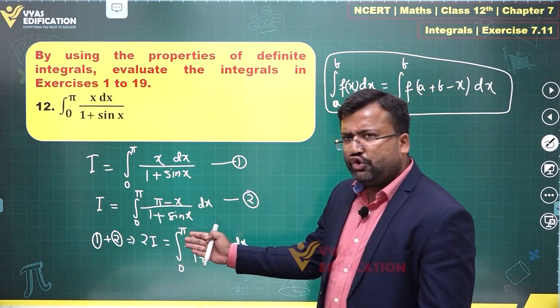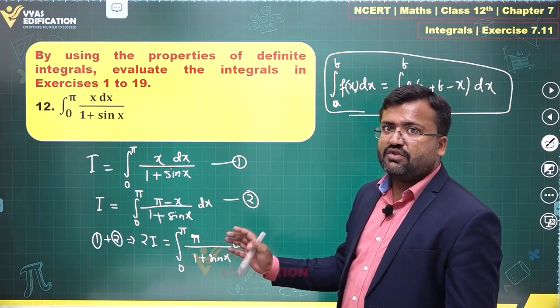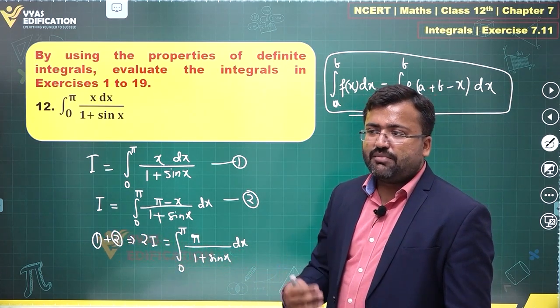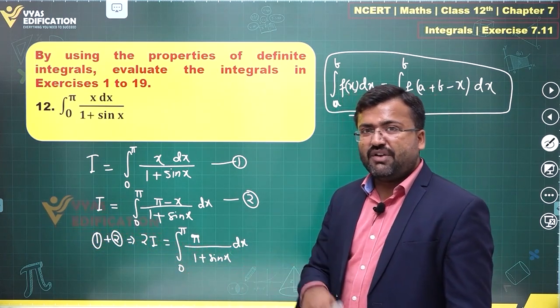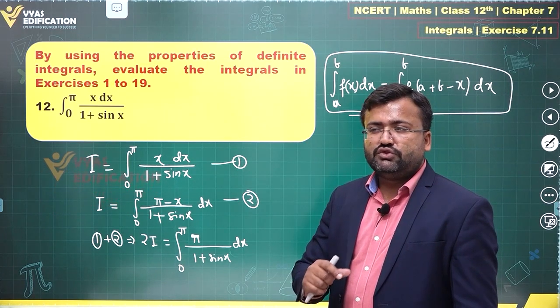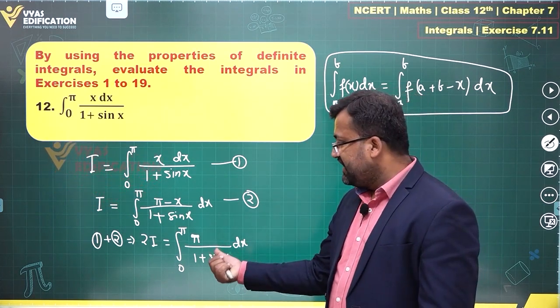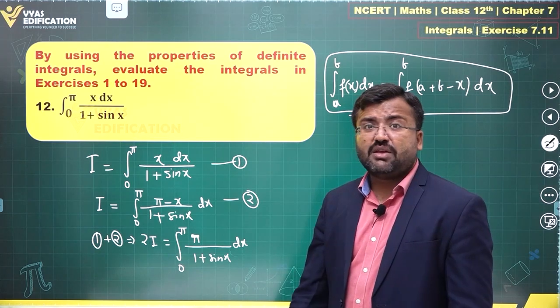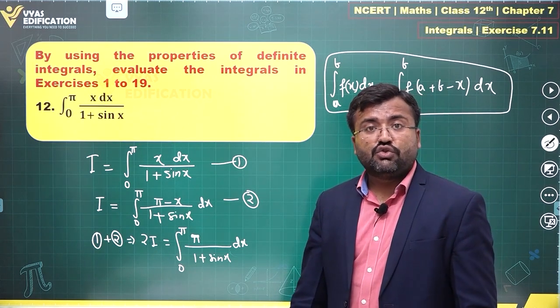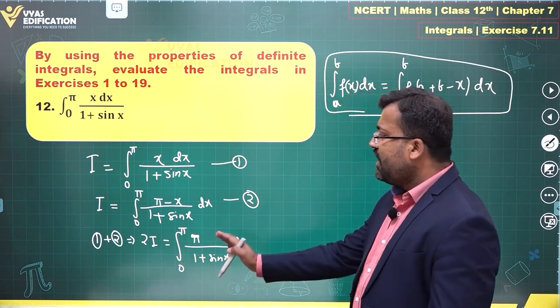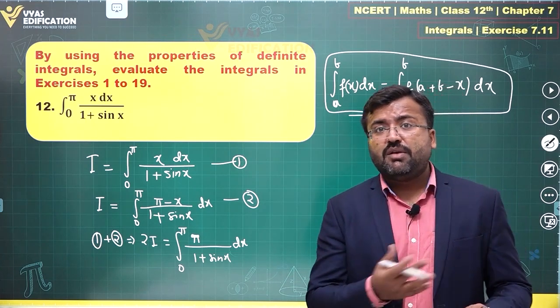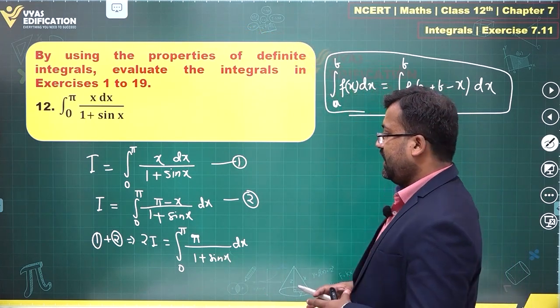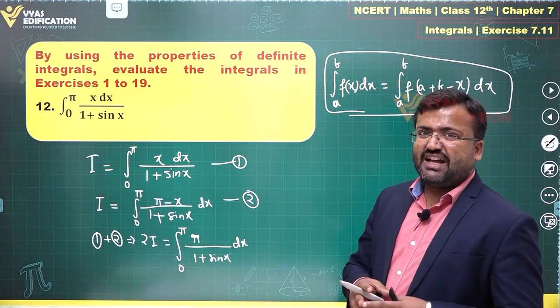This is 0 to 2a f of x dx, which will be equal to 0 to a f of x dx plus 0 to a f of 2a minus x dx, which simplifies to twice of 0 to a f of x dx for this particular case, since f of 2a minus x is same as f of x. Not at all complicated, but that is one of the approaches that you can use, P5 on this.